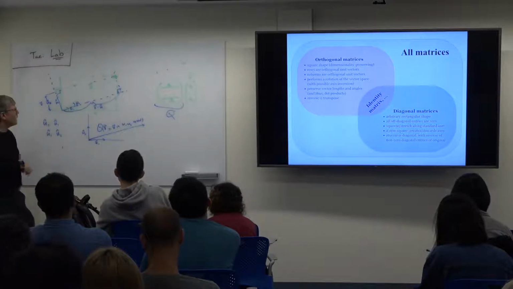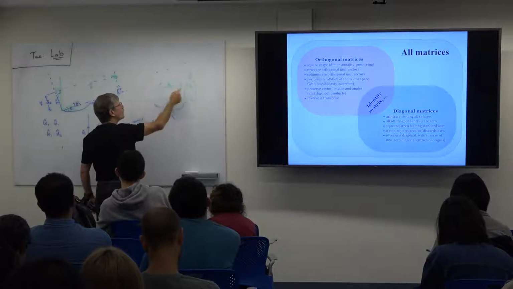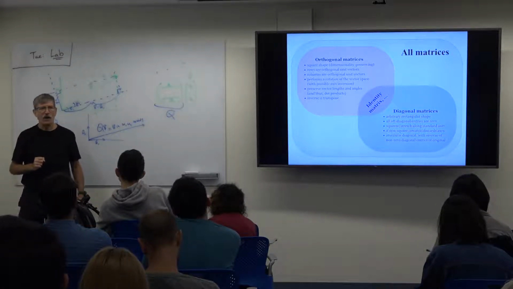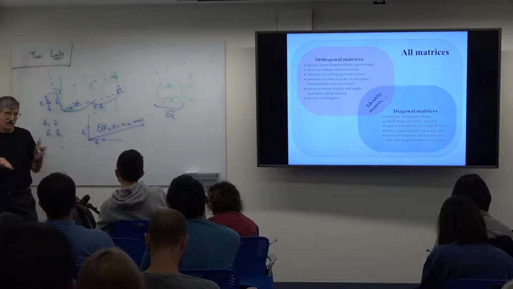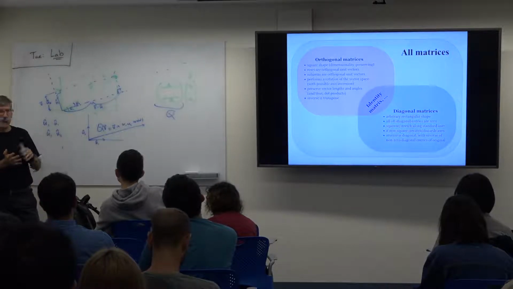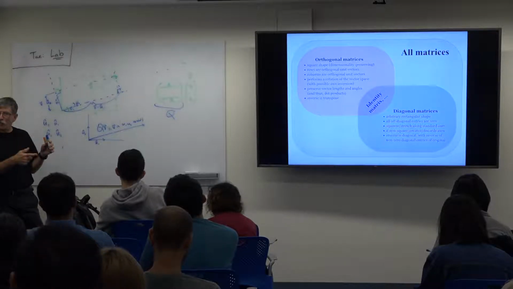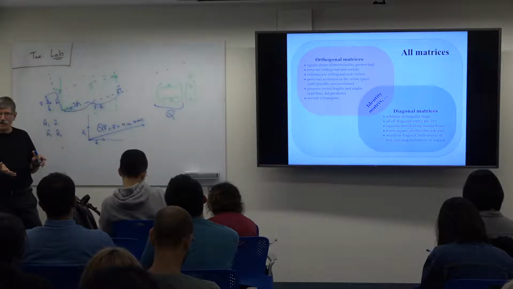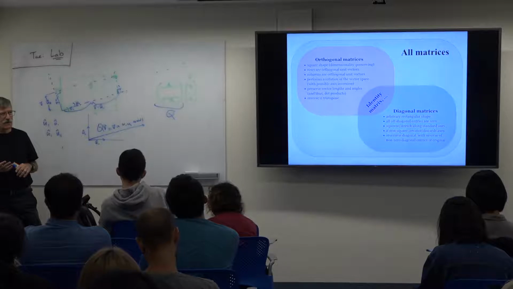It is a matrix whose rows have length 1, and whose rows are all perpendicular to each other. Now, this is only a 2 by 2, so there's only one pair we're comparing. But take that concept and now blow it up to n dimensions. If I have a matrix whose rows are all length 1, and whose rows are all perpendicular to each other, that is called an orthogonal matrix.